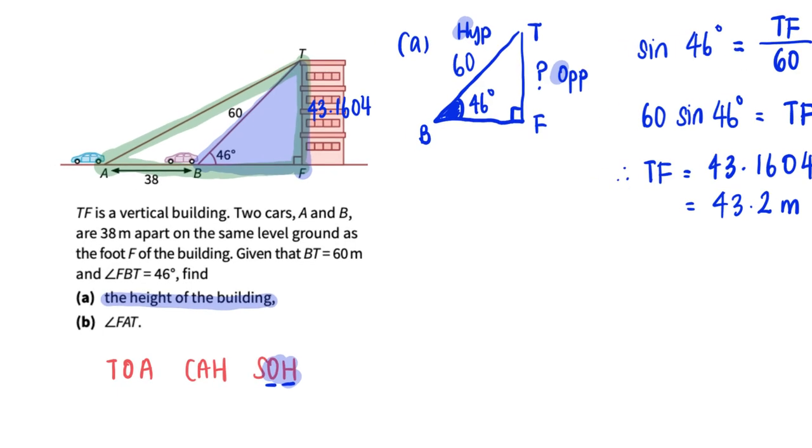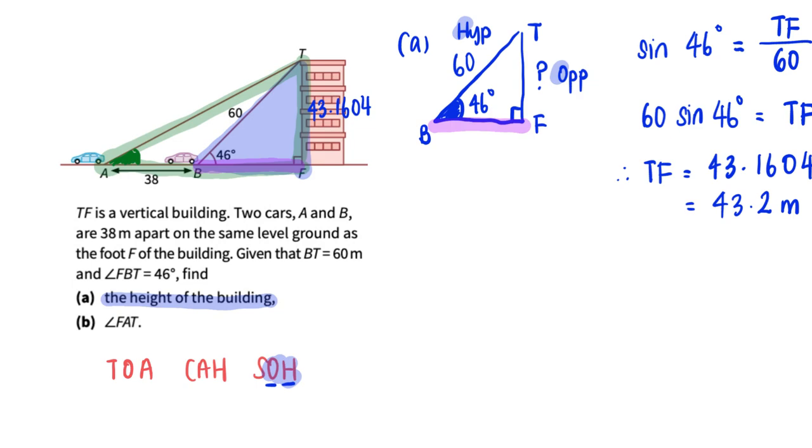In order to find this angle TAF, we would then need BF as well. And we can find that easily using the part A triangle here. And once I get that BF, I would then be able to find the angle FAT.